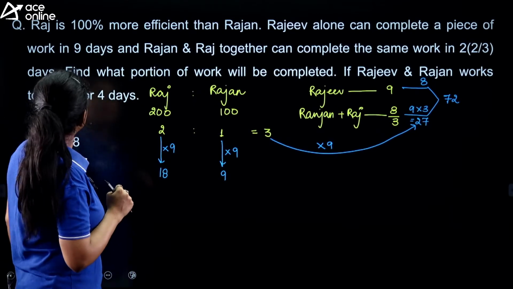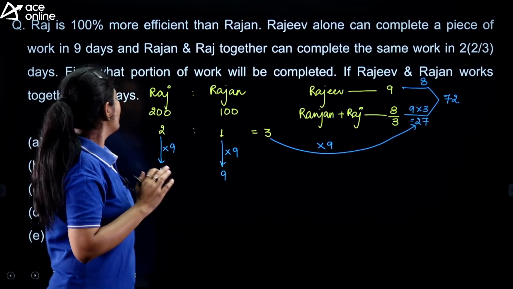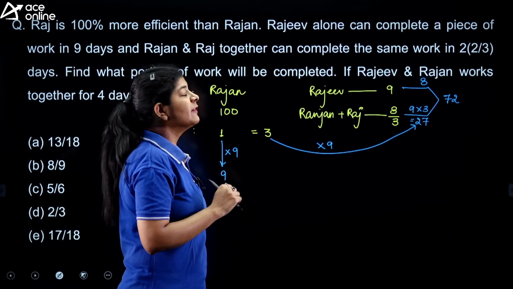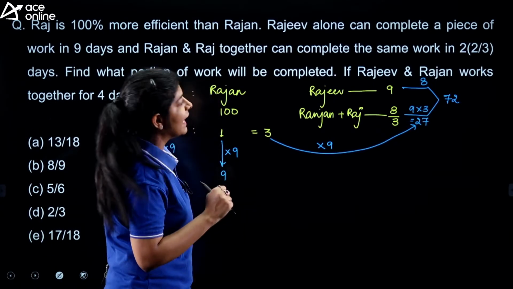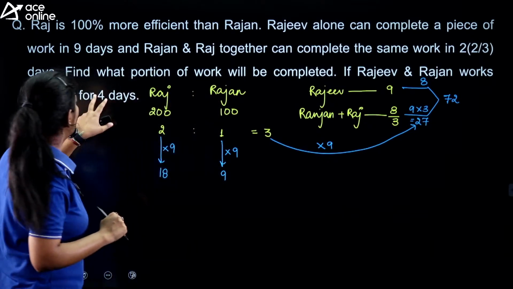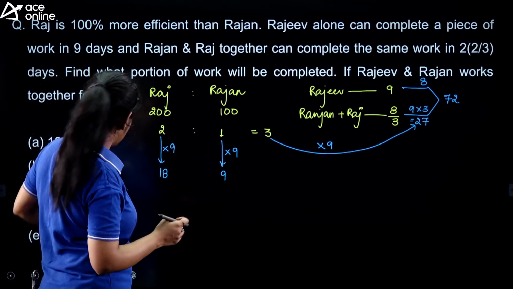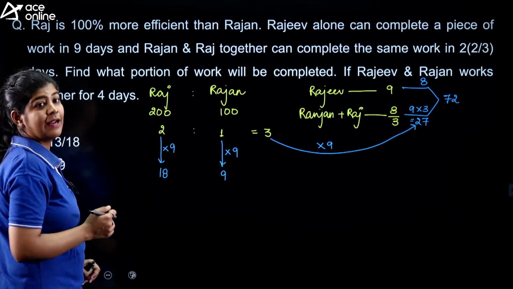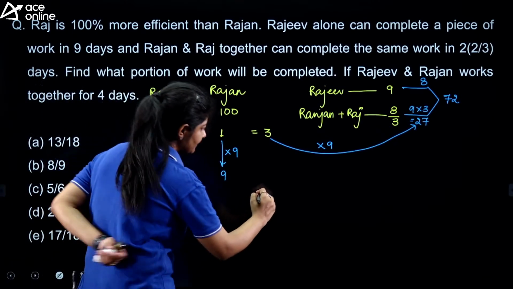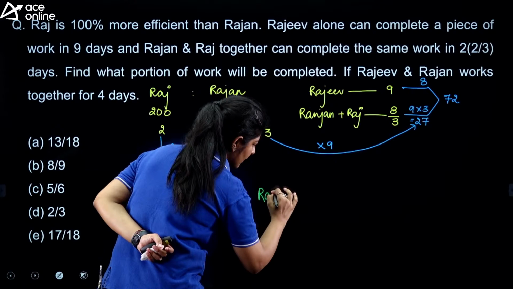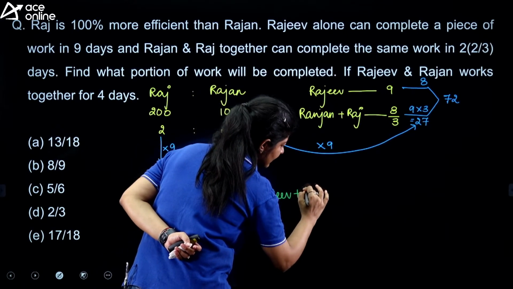Okay. Now the question is saying: find what portion of work will be completed if Rajiv and Ranjan work for 4 days. So here we need to consider Rajiv and Ranjan together, Rajiv plus Ranjan.